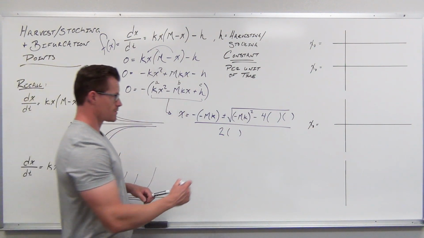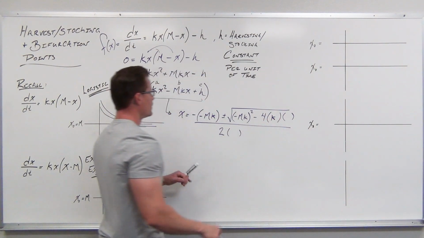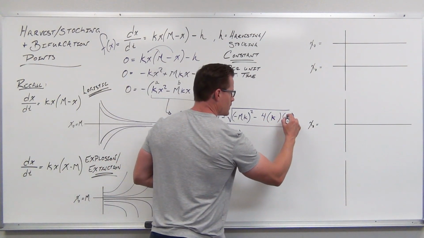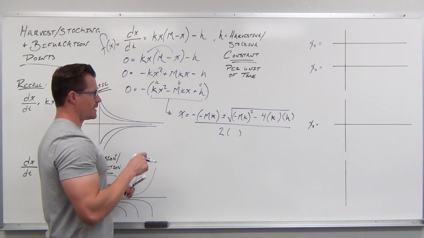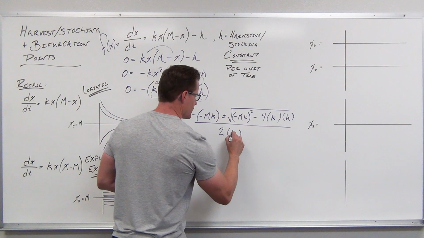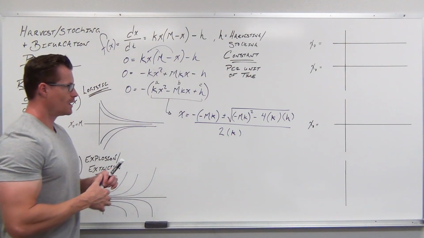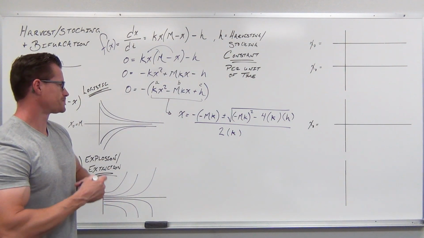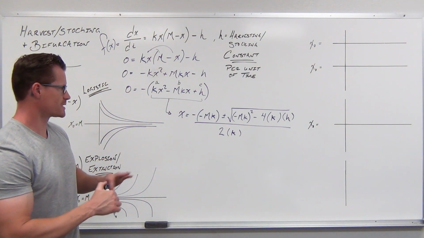A is our K, got that. C is H. And let's see here. A is K. We'll do just a little bit of fancy work. And we'll call it good. See that this is possible.